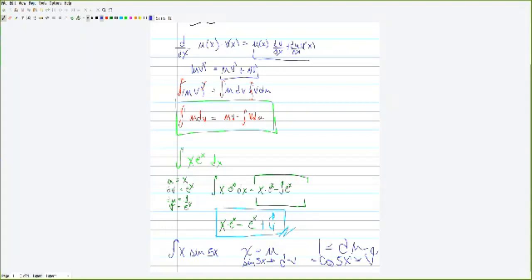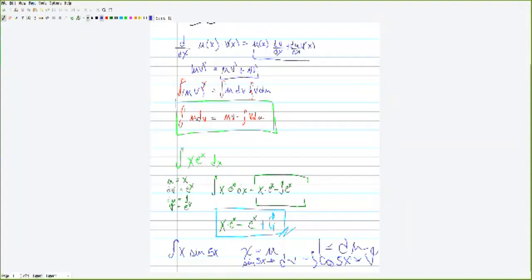So the derivative of minus cosine of 5x, the derivative of cosine of 2x is minus 2 sine of 2x, so here it's going to be 5 sine of 5x. Yeah, that's right.